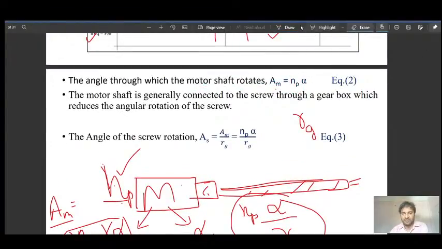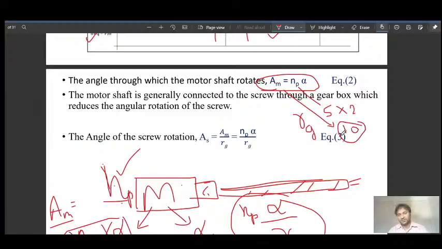Np is the number of pulses and alpha is the step angle. So with 5 pulses and a step angle of 2, the motor will rotate only 10 degrees. Okay, and if the gear reduction is 5:1, the screw thread will rotate only 10 by 5, that means 2 degrees.